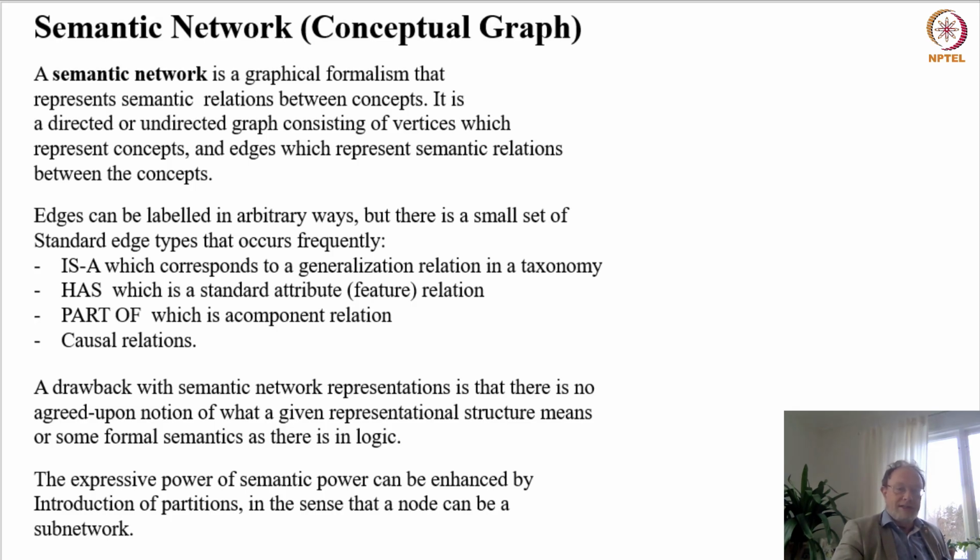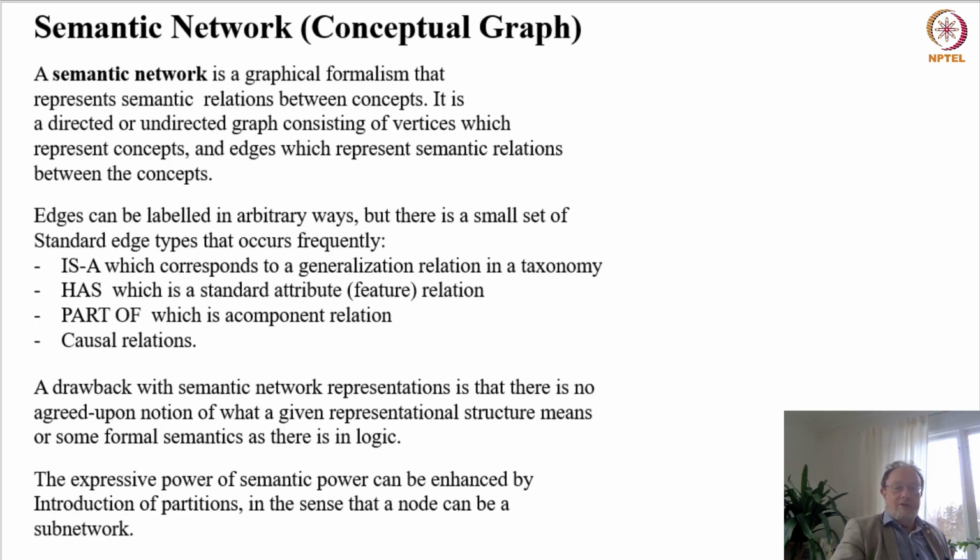So, for example, an object has a property. Part of is what you call a component relation, which means that one kind of entity is physically part of some other entity. Finally, you have a certain kind of causal relations related to actions or events.